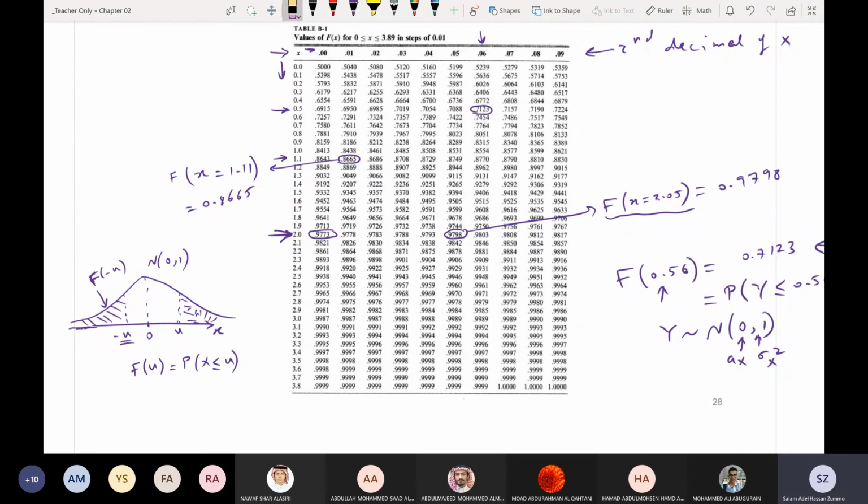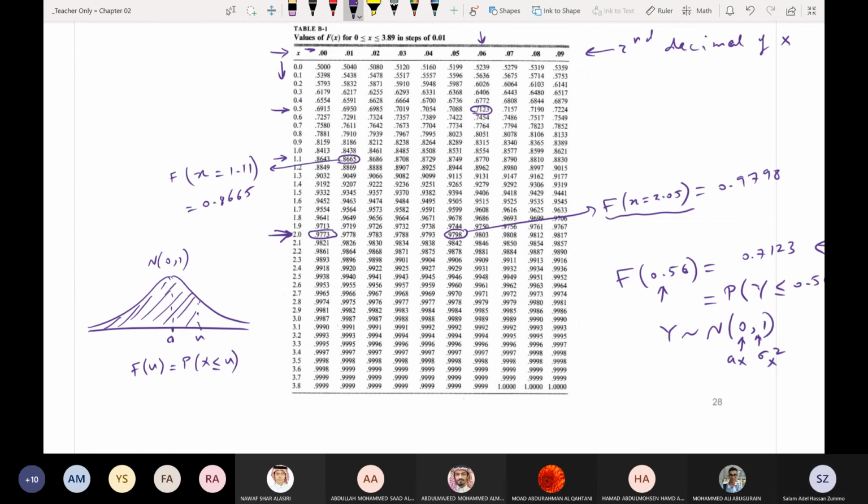Sorry, one minute. Let me erase everything and draw again. If this is the curve and this is 0 and this is u, F of u is this thing, right?